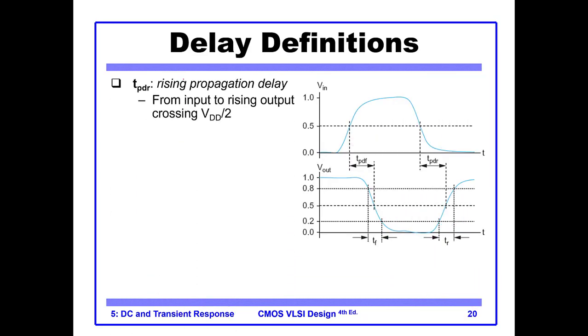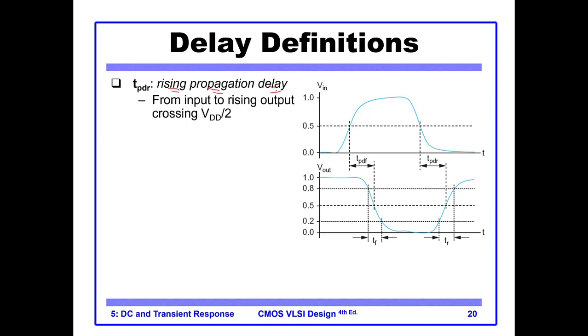Now we come to the formal parameters that are used in VLSI design for measuring delay. So the first one is TPD. TPD stands for propagation delay, and there is an R, small r, which means rising propagation delay.